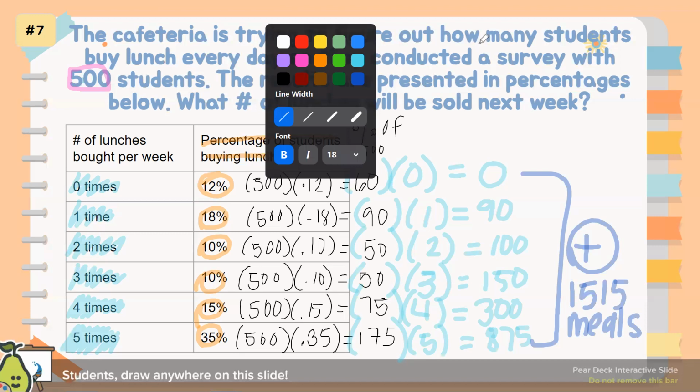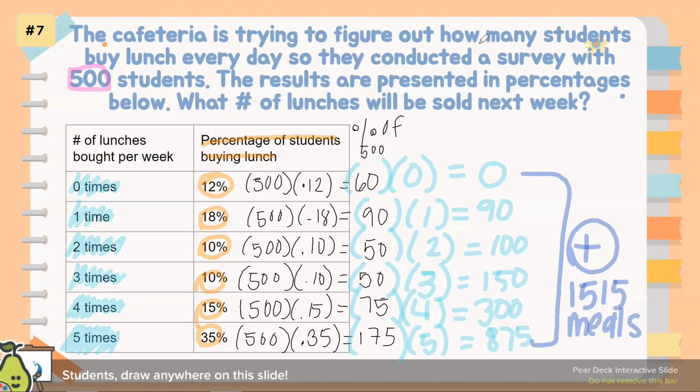So what we had to do was figure out the percentage of students buying lunch. We needed to find the percentage of the specific 500 students that were surveyed, right? 500 students, we needed 500 times all of our percentages: 12%, 18%, 10%, 15%, 35%.